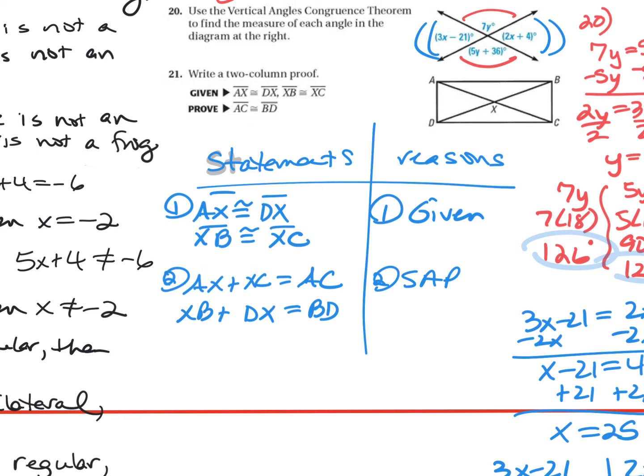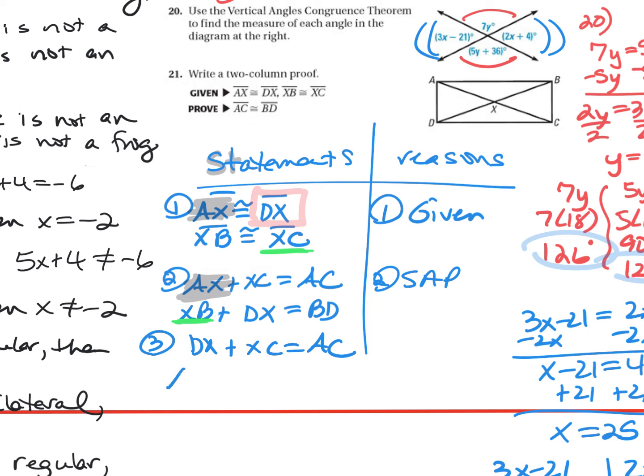So then now, if you notice, AX right here is equal to DX. So I'm going to take out this AX and I'm going to replace it with a DX. So my next statement is going to be DX plus XC equals AC. Then for this one, notice XB equals XC. So I'm going to take out this XB and replace it with XC.